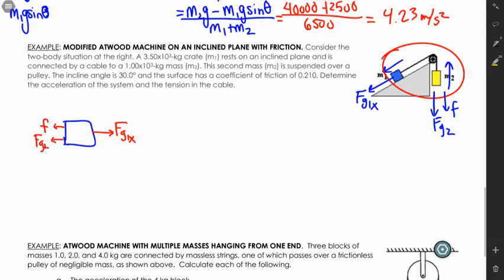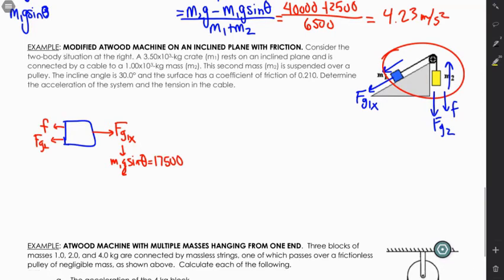And let's collect some of this stuff together over there, because if we plug in all the numbers, it would take up the majority of that space. So FG1X is M1 g sine theta, and so it's going to be 3,500 times 10 times sine 30, or 17,500.